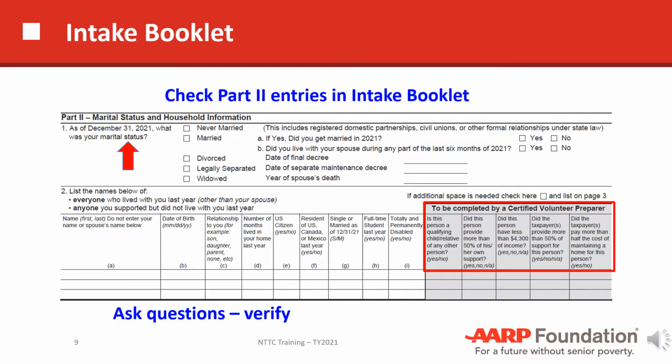It says under number 2, list the names below of everyone who lived with you last year other than your spouse. Anyone you supported but did not live with you last year. So we're asking people, tell us who lives with you, and we'll determine whether they're dependents or not. So that's part 2, and filing status is the first part of part 2, and dependency is the second part.